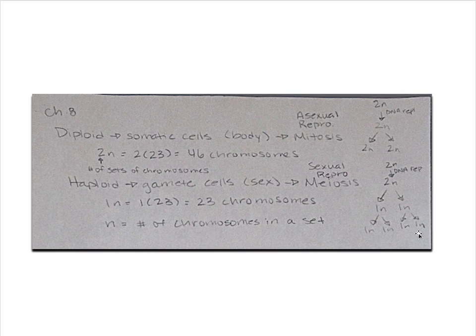And then here, this is a summary of meiosis. So in meiosis, it'll start off with the diploid number, 2N. So it's 46 chromosomes for us, the human species. And then the DNA replicates, but we still have 46 chromosomes, 2N number.